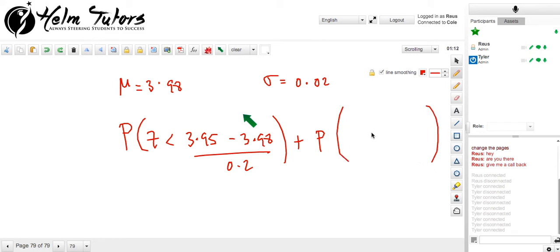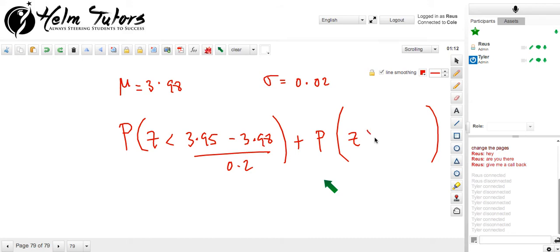P of Z is, well, see, the lids have to be between 3.95 and 4.05. So you want anything outside. Yeah, I think 3.95 or 4.05. Exactly.